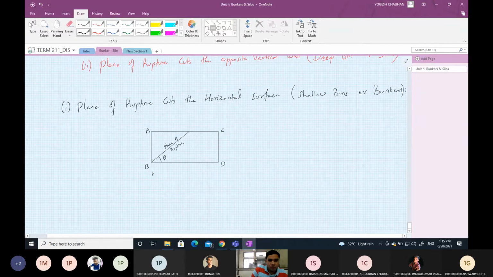Let the diameter of the silo be B. Okay. Let this be point E. Now consider this wedge. Consider the equilibrium of this wedge.